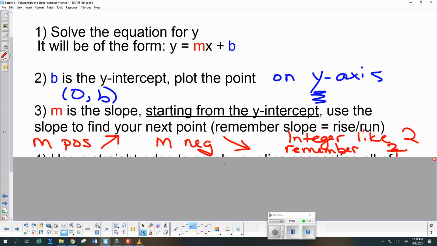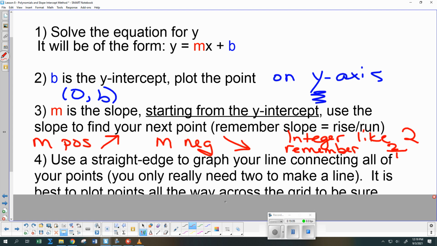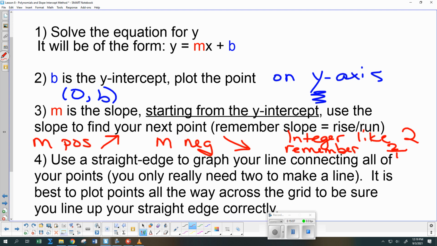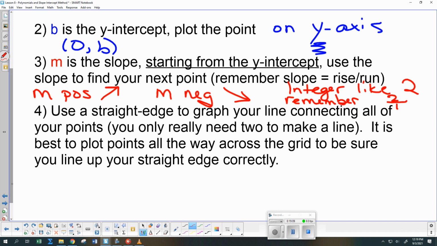It's just an integer, put a 1 in the denominator to help you keep that straight. Then you're going to use a straight edge to draw your line. Even though 2 points determine the line, we're going to do them pretty much all the way across just as a double check and make sure we're able to draw a nice accurate line on our graph. And again, not every word copied down on this, enough that you know what the steps are.